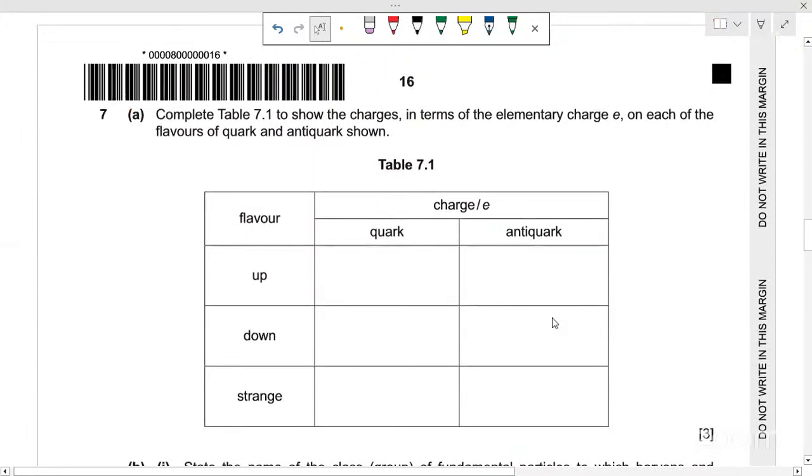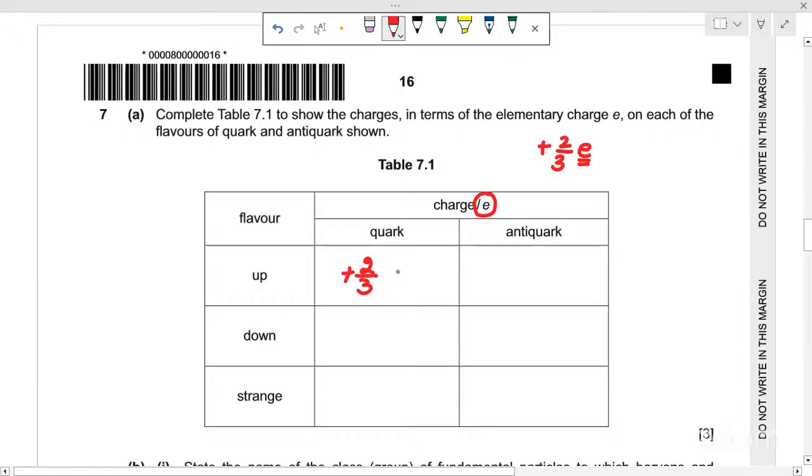So what is charge of up quark? Charge of up quark is positive 2 by 3 times e. e is elementary charge. And the examiner has mentioned e in the table. It has made this as unit. So you should write 2 by 3, just 2 by 3.